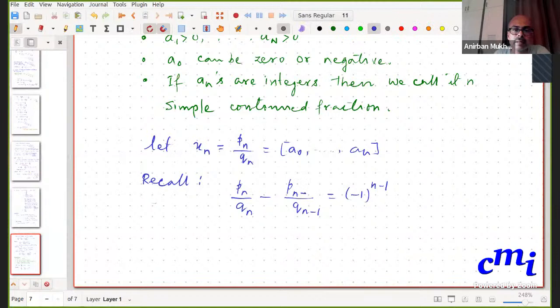So with n minus 2: p_n by q_n minus p_{n-2} by q_{n-2} is equal to (-1)^n a_n by q_n q_{n-2}.